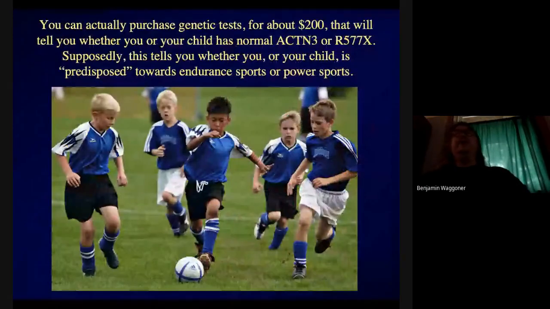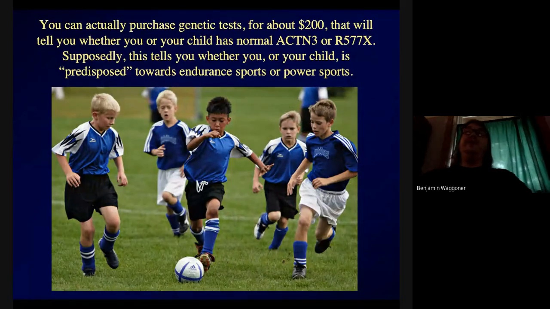And in fact, when this was discovered, some company developed genetic tests that you could give your kid that would tell you whether your toddler is predisposed towards endurance sports like long distance running or cross country skiing, or power sports like sprinting and weightlifting.